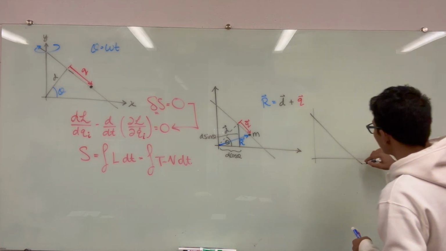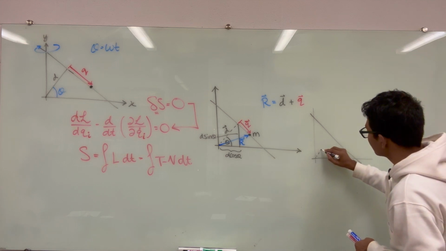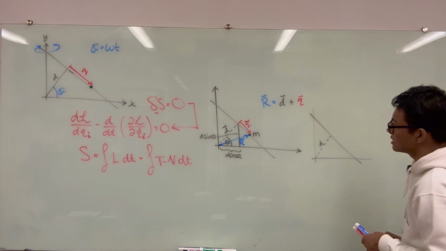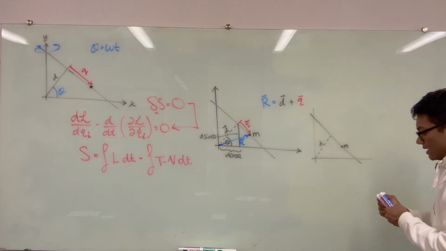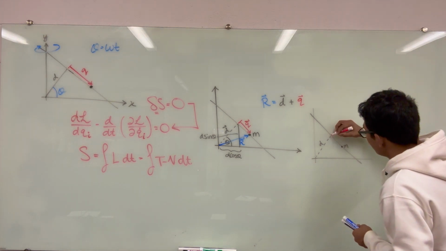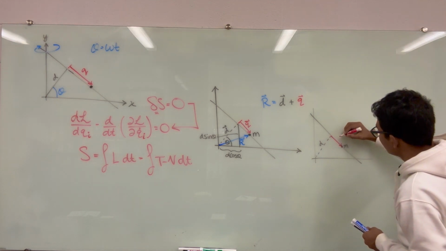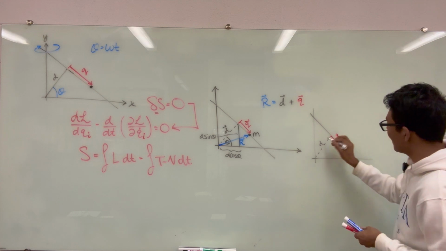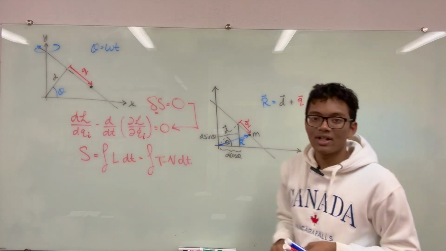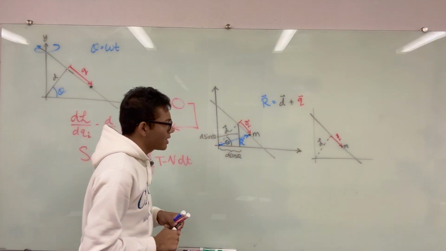So to figure out the coordinates for q, let's do this. First, once again, here's my minimum distance. Let's say my particle is here with mass m. And this is my vector q. It's along the wire right here. And I want to figure out what the x and y components of this vector q are. So what am I going to do?